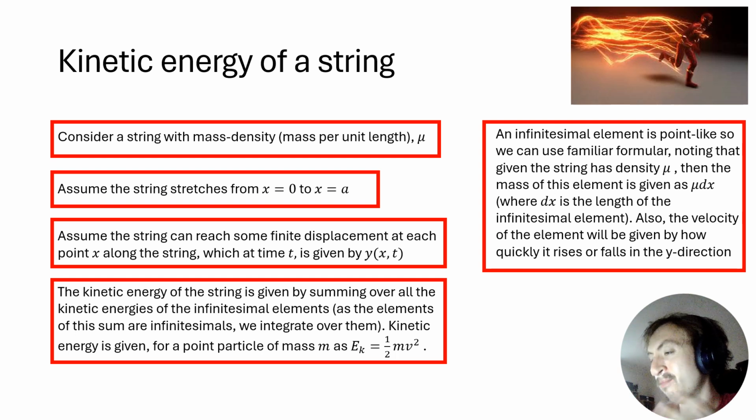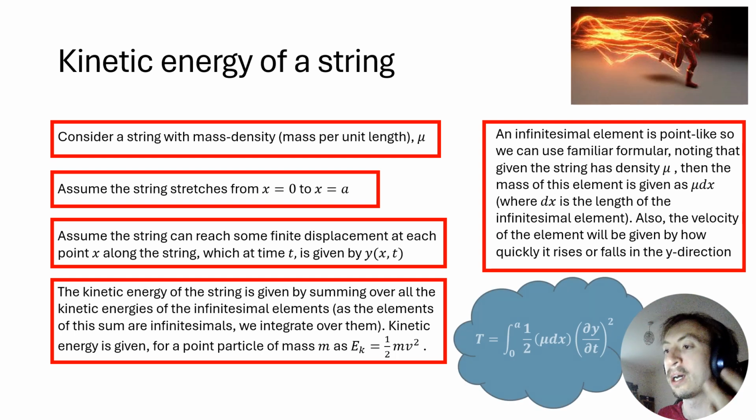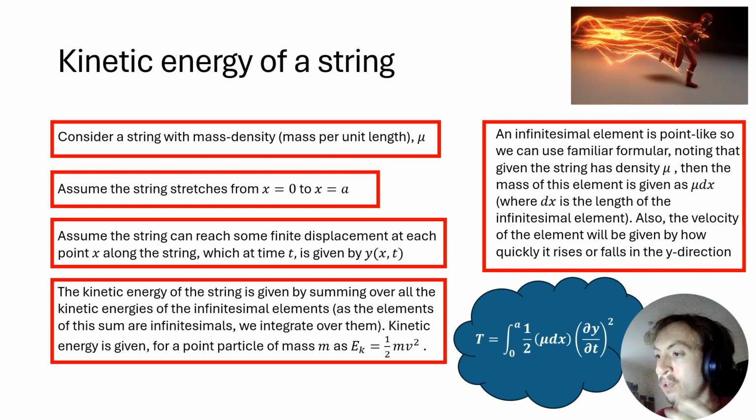And this summation is so special it has a special name. It's called integration. So we say we integrate over the kinetic energy of the infinitesimal segments to get the kinetic energy of the string as a whole, leading us to this beautiful equation for the kinetic energy.